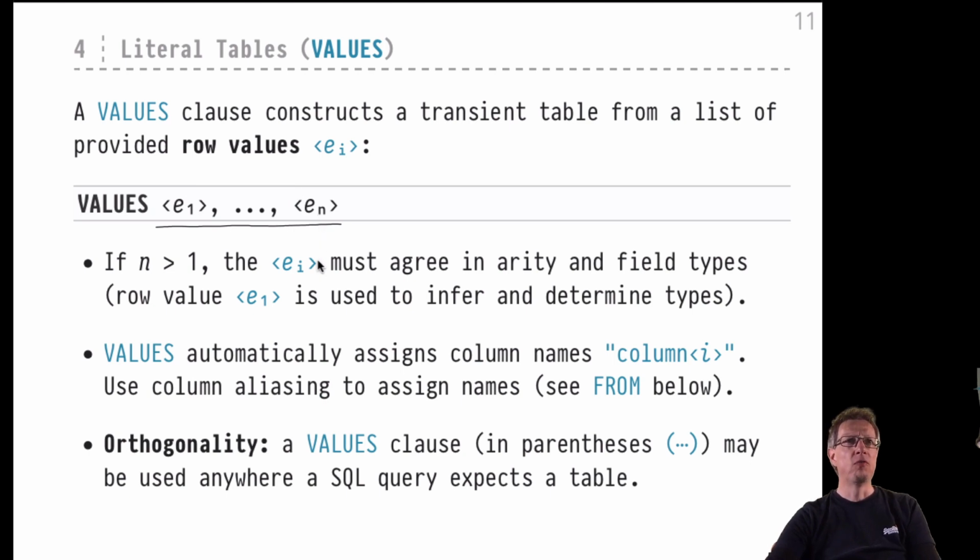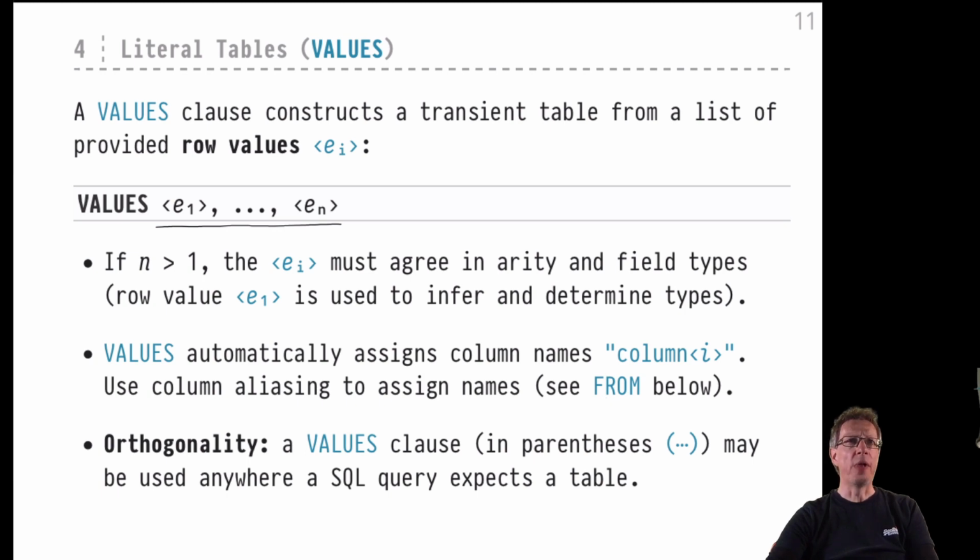So the values clause has to resort to some automatic column naming. The first column will be called column 1. The last column in this case will be called column n. These again are really bad column names. At least they are unique. And we can make up for that and later rename the columns introduced by the values clause using the from clause, and I will show you how to do that below.